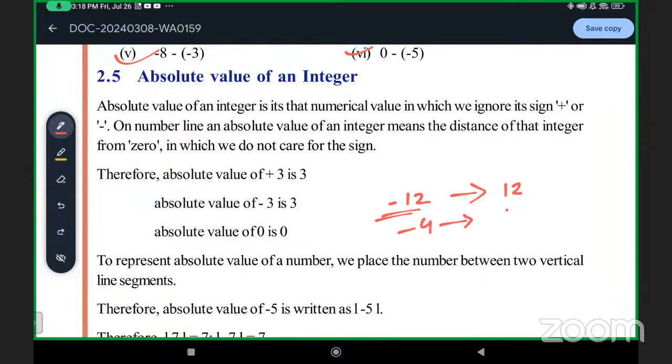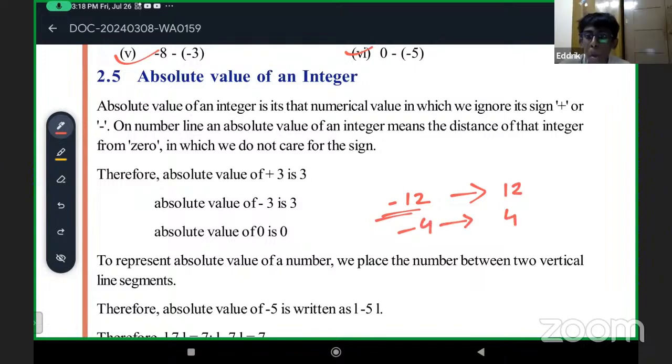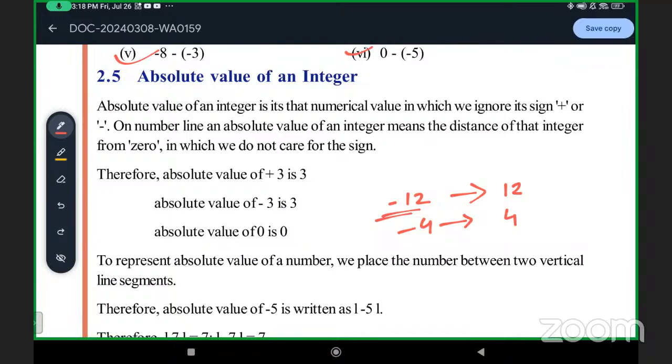What will be its absolute value? 4. In absolute value, we just ignore the signs and remember the number only.